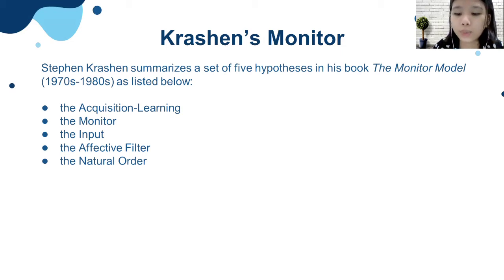Finally, the last important one is the natural order hypothesis, based on research findings by Dulay and Burt, Fathman, and Makino, which is cited in Krashen's book, which suggests that the acquisition of grammatical structure follows a natural order which is predictable. For a given language, some grammatical structures tend to be acquired early while others lag.